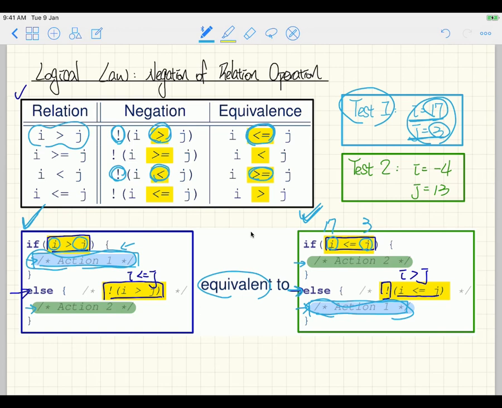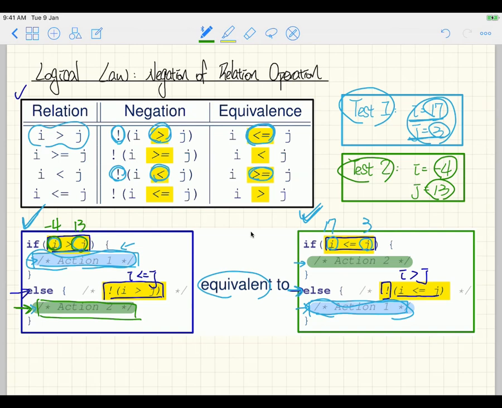Let's try the second case. The second case over here, let's say we try test 2, and we got -4 versus 13. It's kind of flipped the relation. So now, when we try to evaluate the left-hand side, what does it really mean? We got -4 larger than 13, which we know is false. That means we are going to execute the else branch, action number 2, for the left-hand side, right?